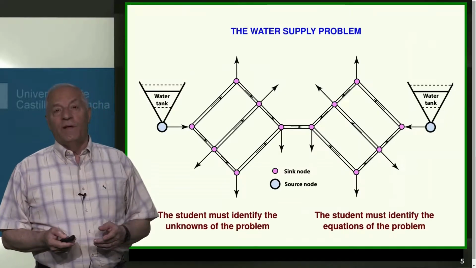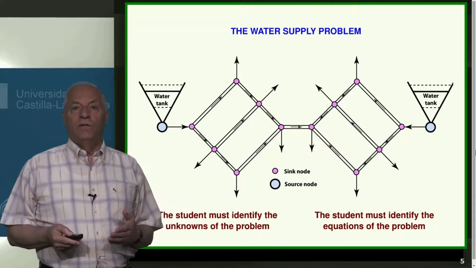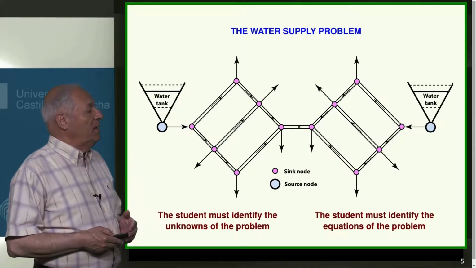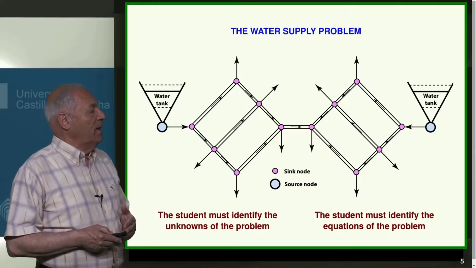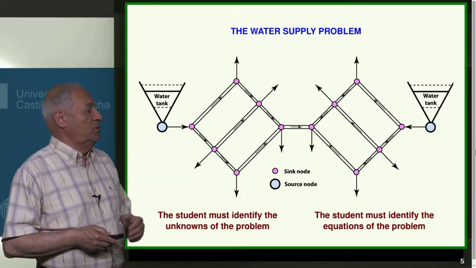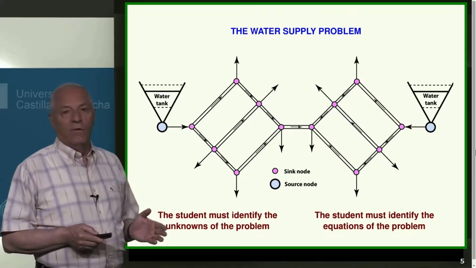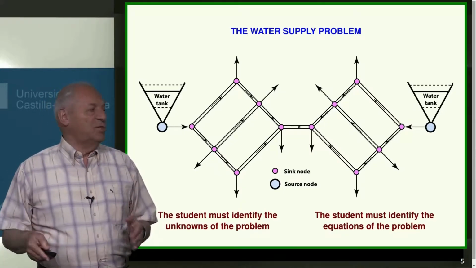The problem we deal with is the one illustrated in the figure. It's a problem of a water supply network. Notice that we have two deposits that supply water to a city. They are two deposits and we have a pipe network to distribute the water to certain consumption points.